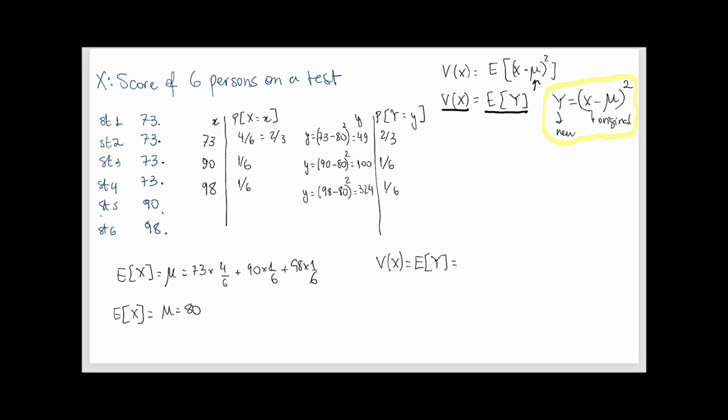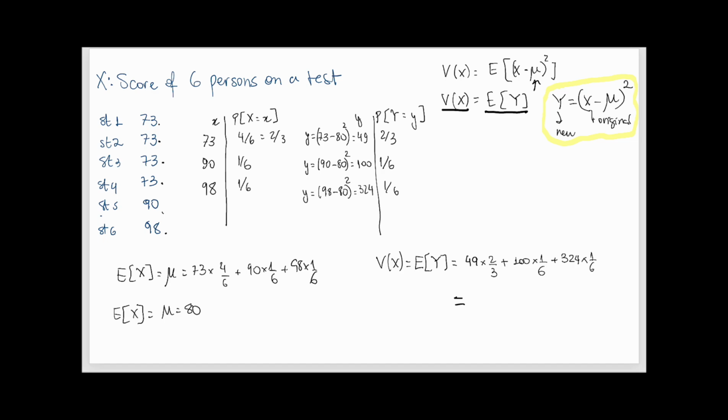And how do I calculate an expected value of this random variable? Well, we know that expected values are the value that you can assume, so 49 times its probability, 2/3, plus 100, the next line, times 1/6, plus 324 times 1/6.